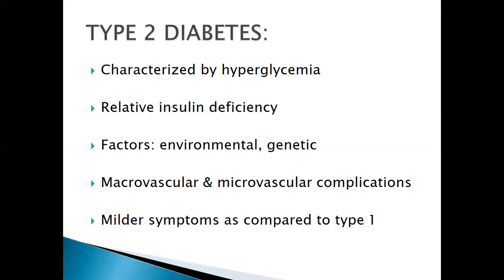Usually type 2 diabetes mellitus has milder symptoms compared to type 1. Type 1 is characterized by a deficiency of insulin. In type 2, you actually have enough insulin, however your cells are resistant to its effects.